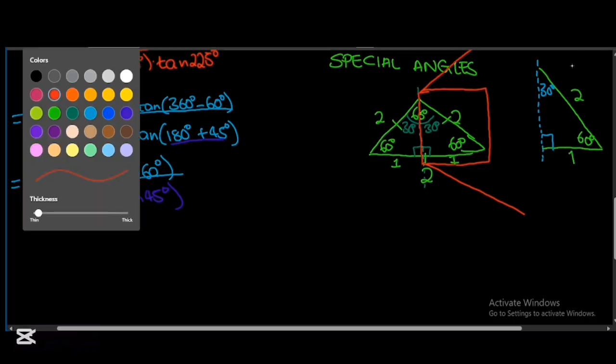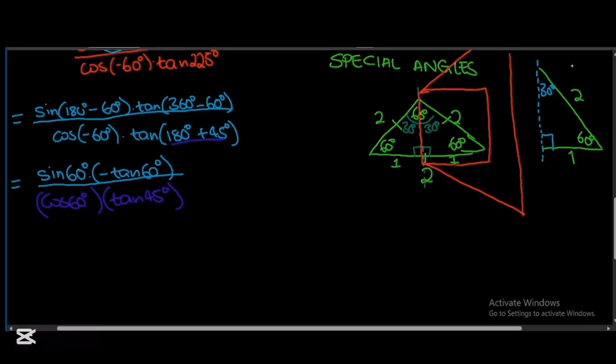Now, remember this is the hypotenuse side, and this is the adjacent side x, and we are looking for y. You're going to use the theorem of Pythagoras.